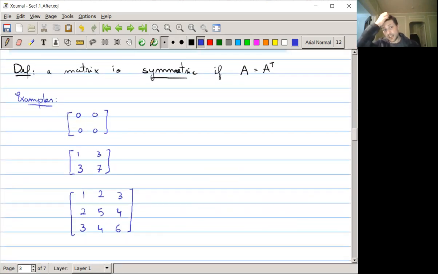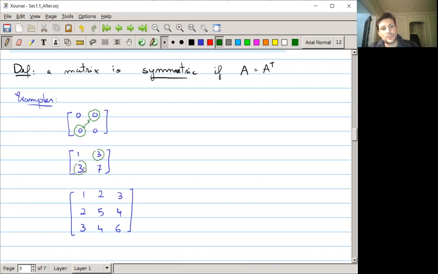Transposition allows us to define a very special class of matrix, which is that of symmetric matrices. We say that a matrix is symmetric if it's equal to its own transpose. Here's a few examples of symmetric matrices. I welcome you to try and compute the transpose of these 3 matrices, but you'll see that essentially what the transpose does is to switch these 2 entries in this case.